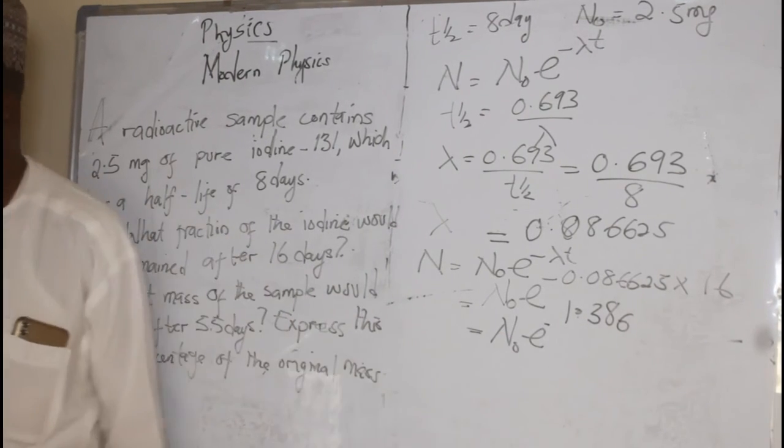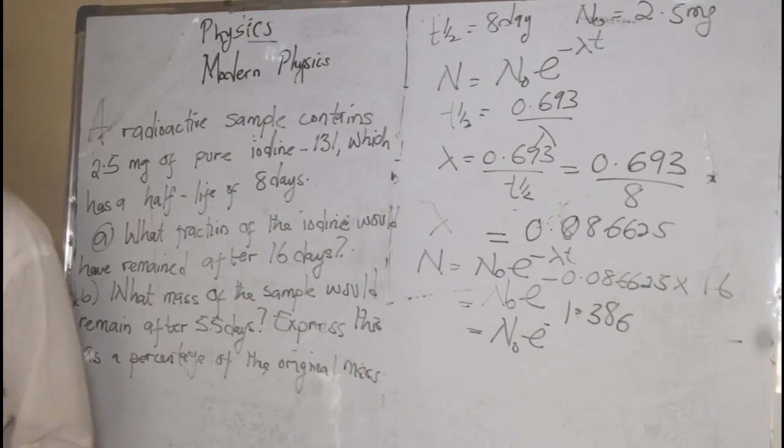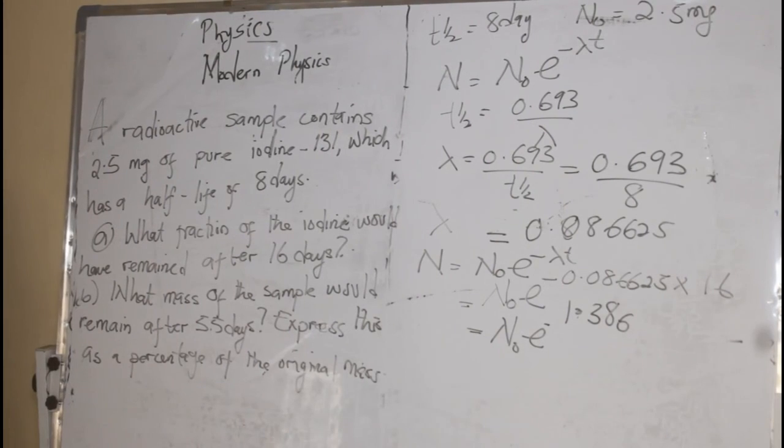Is that okay? All right. So you have that answer. Can you press negative? Change the answer to negative. Let me have the calculator, please, because sometimes you don't know how to punch the calculators.